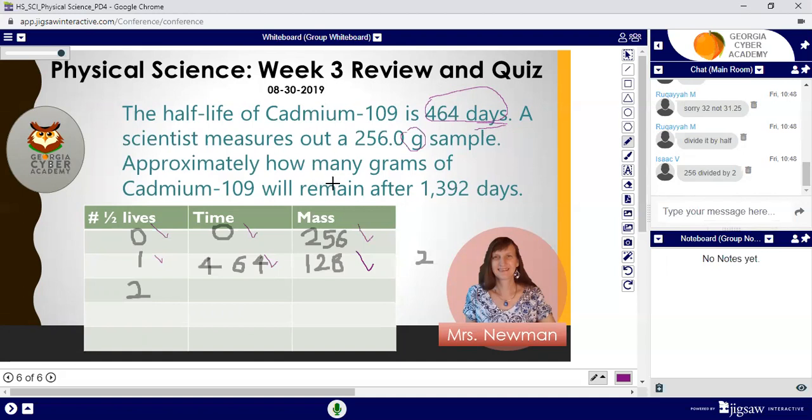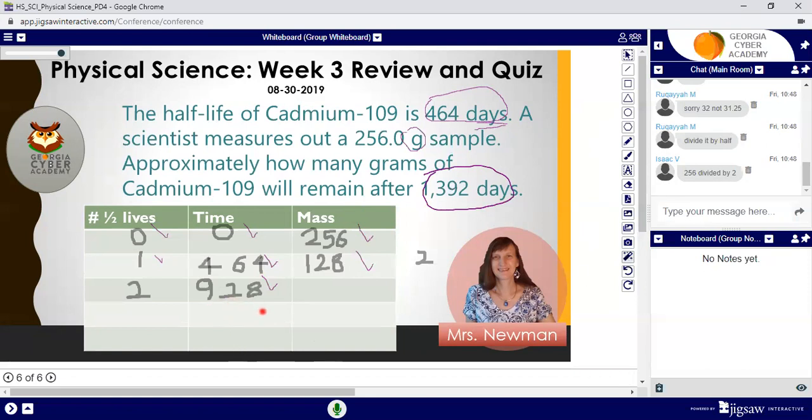So what is our key piece of information? What are we trying to get to in order to get to our answer? Oh, and I see someone increasing the time there. And that is correct. We need to increase our time. We're aiming for this 1,392 days. That's kind of our target time. So we haven't gotten there yet.